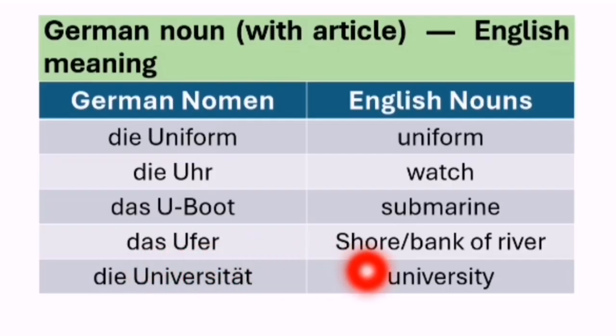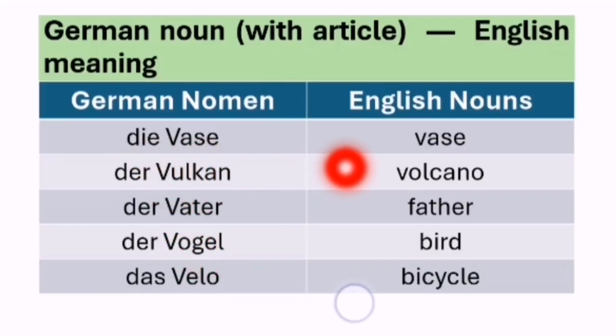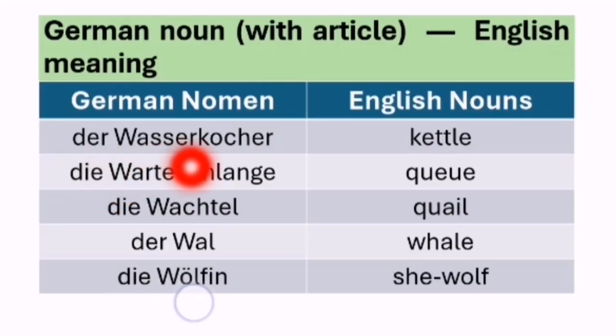Das Ufer, shore, bank of a river, okay? Die Universität, university. Das Wasser, water. Der Vulkan, volcano. Der Vater, father. Der Vogel, bird. Das Velo, bicycle. Der Wasserkocher, kettle. Die Warteschlange, queue. Die Wachtel, quail, a kind of bird. Der Wal, whale. Die Wölfin, she-wolf.